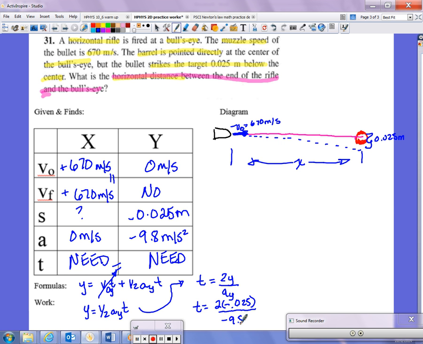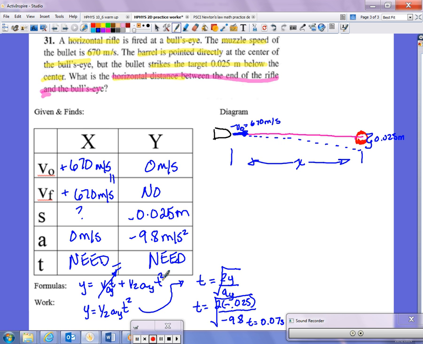And it's really important to carry your signs. You'll notice there's an error if you do not. So I'm going to get a really tiny time, and this is squared. This is the square root. Time was 0.007 seconds. So my apologies.